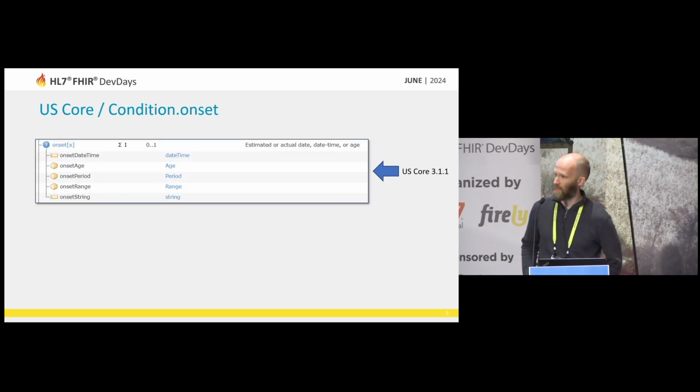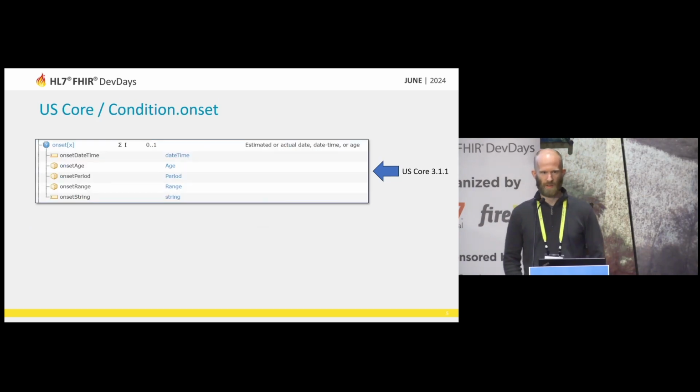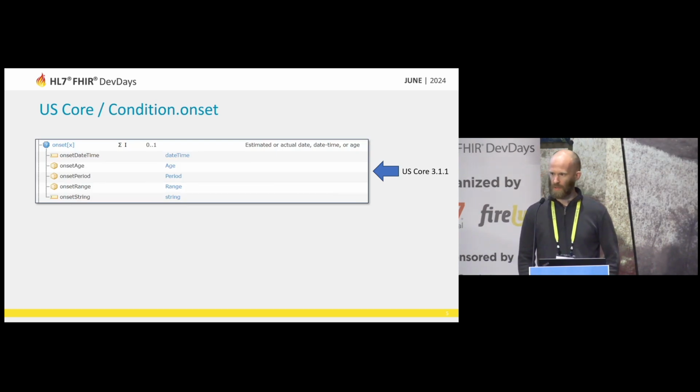Another interesting example that I use a lot is changes for US Core, or in general IGs. In this example, in US Core 3.1.1, the Condition onset property was pretty unconstrained, so server developers could choose any of these options for representing the onset.